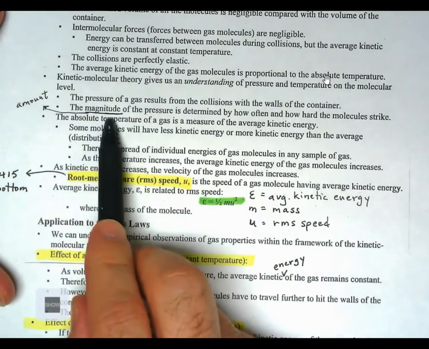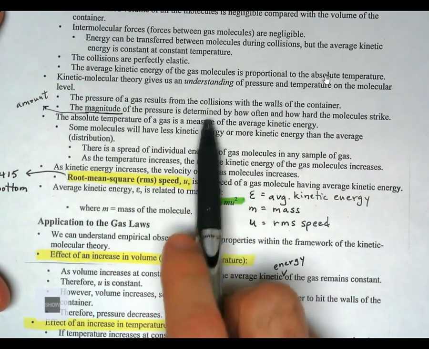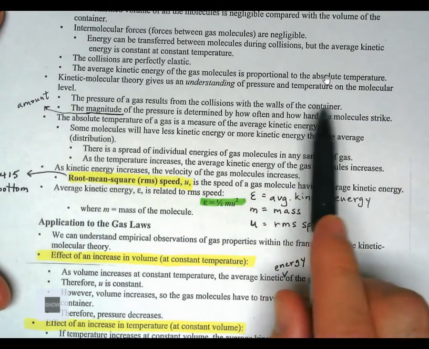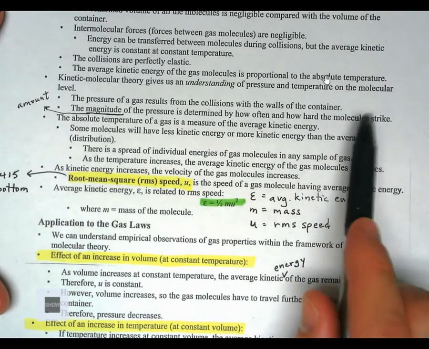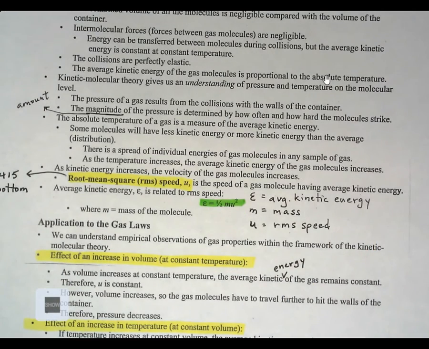The magnitude or amount of the pressure is determined by two things: how often and how hard the molecules strike the walls. So what this means is there's two ways that you can affect the pressure of an enclosed gas or a gas in a certain area.